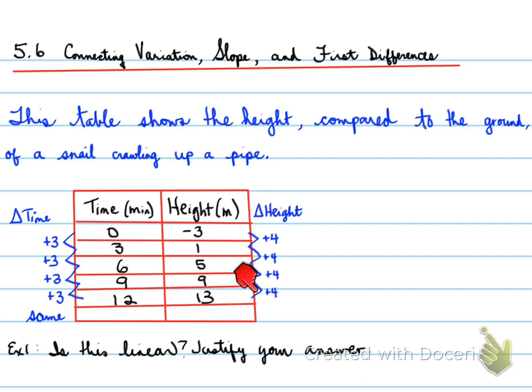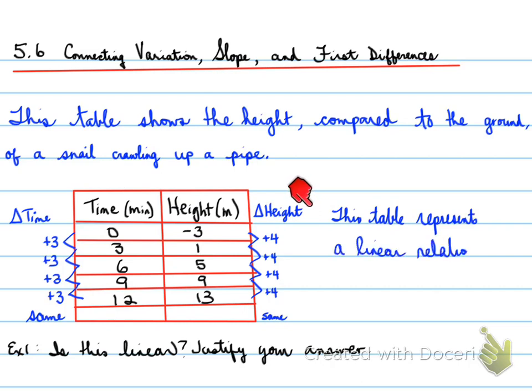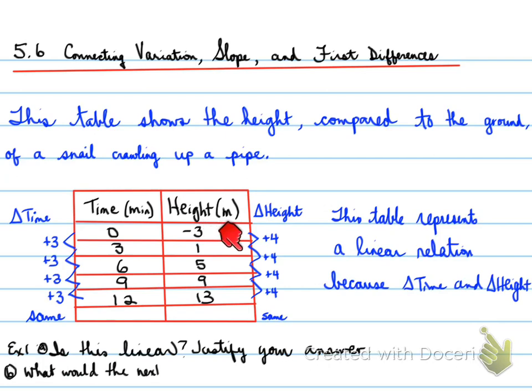So these values are all the same. So therefore, we can make a conclusion that this particular table represents a linear relation because delta time values are the same and delta height values are the same.